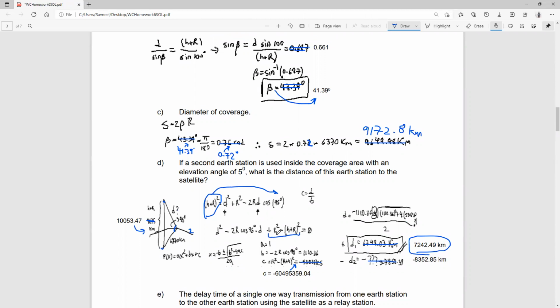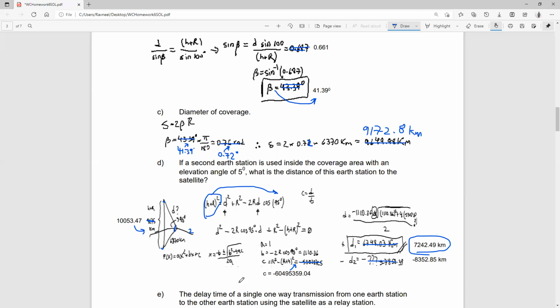That is basically r squared minus h plus r squared. In this case, our r plus h value is 10,053.47, and our r value is 6,370. Using these two values, you'll get c is equal to minus 60,495,359.04, right?